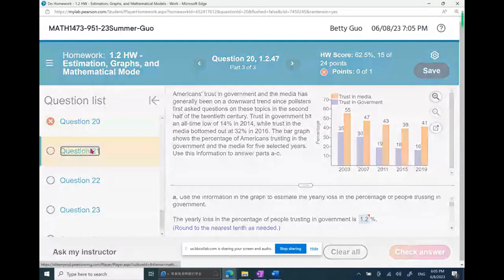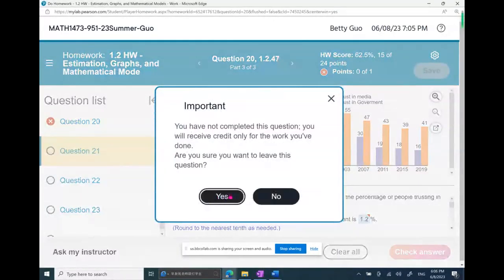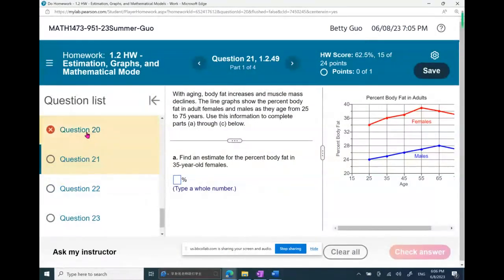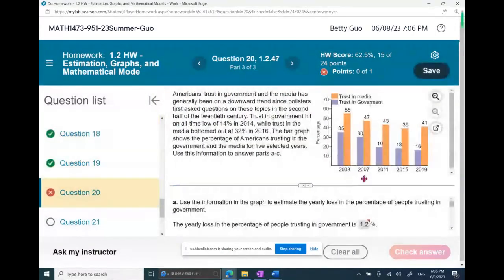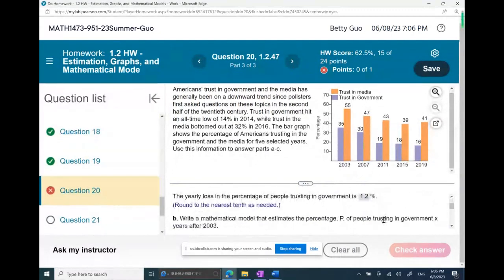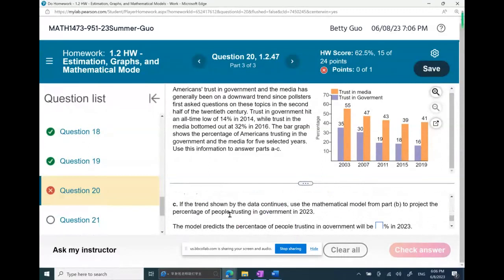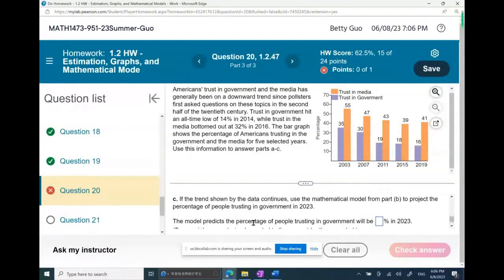Number 21. I'm not completed. Which part am I not completed? Part C. Oh yeah. So now we use the linear trend, the modeling, to predict. Let me read the question.